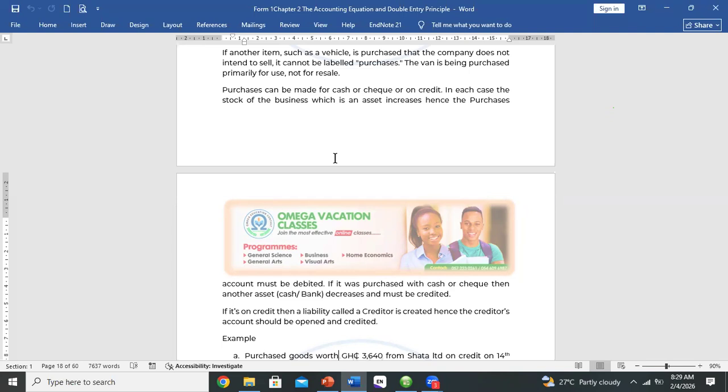If you went into your bank account, your bank balance will reduce. So these two assets, cash or bank, if they are reducing, what do we do? We credit. However, if it was on credit, if you didn't pay, then you need to acknowledge Melcom as a creditor because you are owing Melcom. So you see that the purchases and the sales are opposite of each other, but that's the principle behind them.